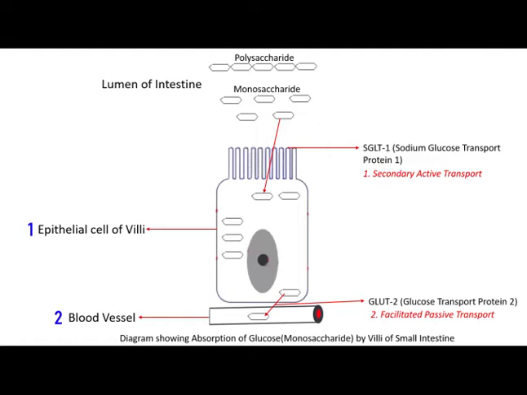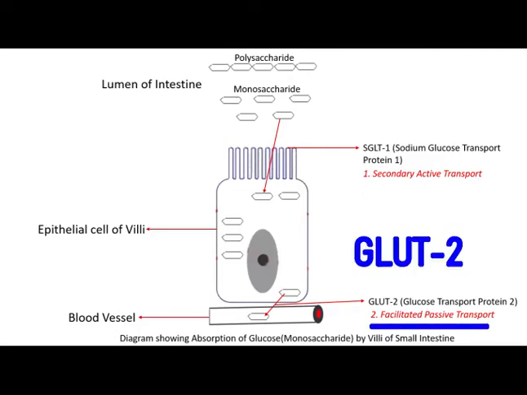Glucose is more in the cell and less in the blood capillary, so it will naturally flow to the place where there is less amount, that is in this case the blood capillary, and it will happen through a transport protein again, which is known as glucose transporter 2 or GLUT2.